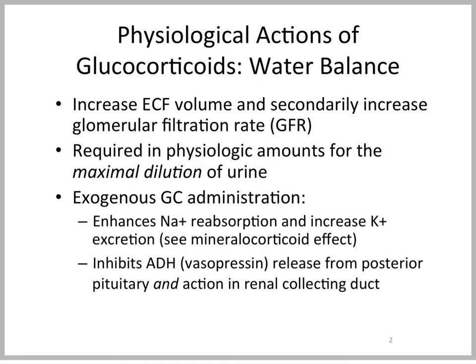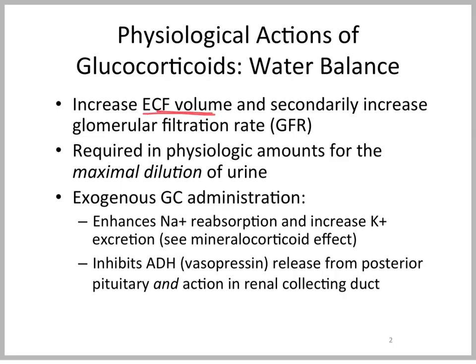Let's first talk about the effects of glucocorticoids on water balance. In general, you can think of them as being very important for sustaining the extracellular volume in the body. Secondarily, because of that volume, they will also increase glomerular filtration rate, that is the fluid filtration rate by the kidney.